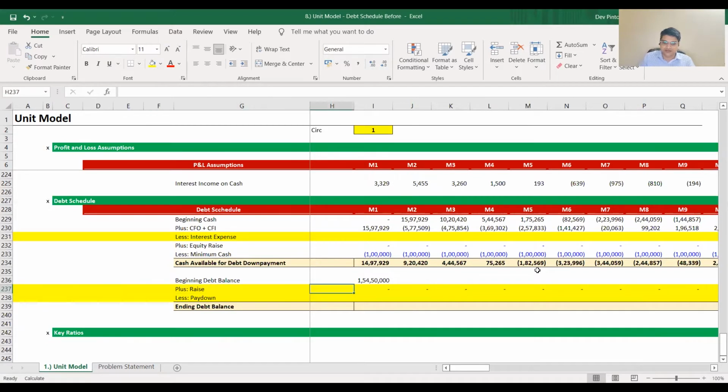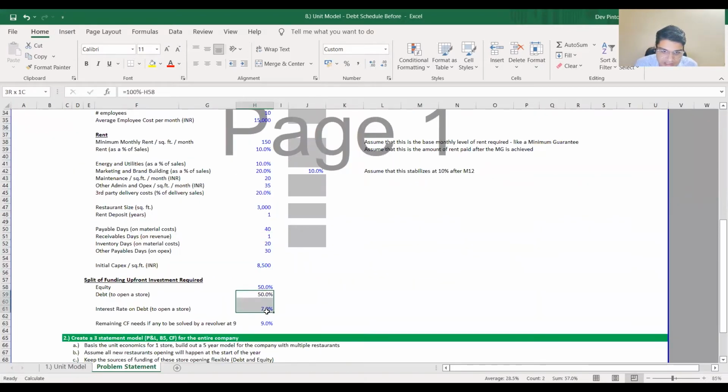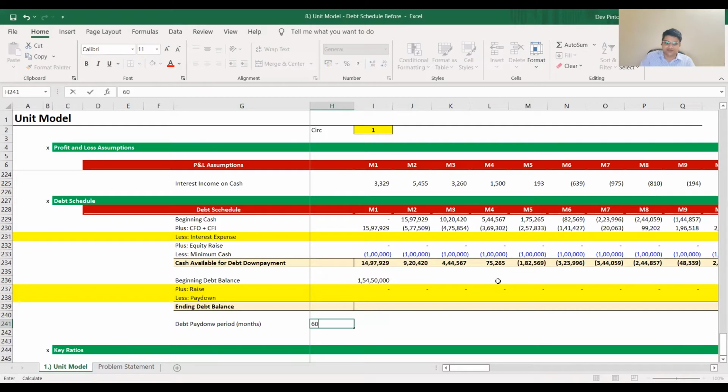Okay. Pay down. I don't think we've been asked to assume an amortization period for debt. So let's just assume 5 years, right? So debt pay down period in terms of months, assume this to be 60. So pay down will be nothing but this for a given period divided by 60. That's it.